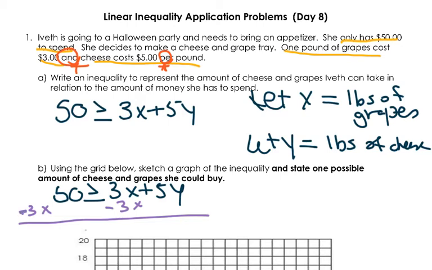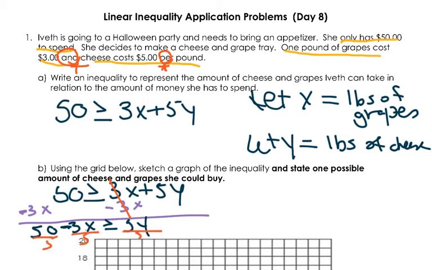It's a subtraction. Okay, and I'm just going to write it here. 50 minus 3x greater than or equal to 5y.